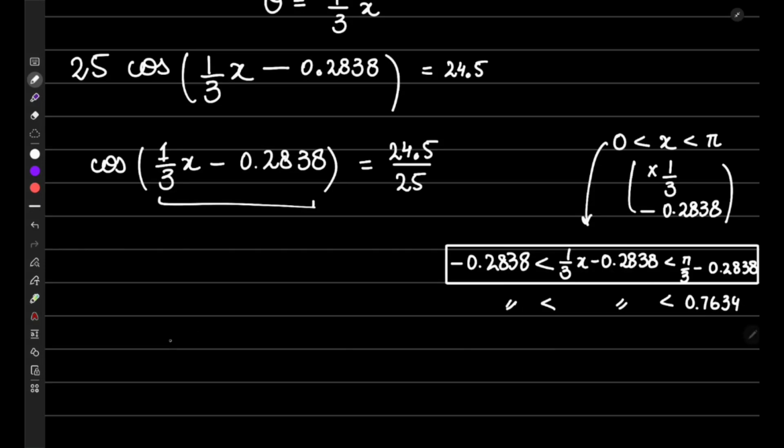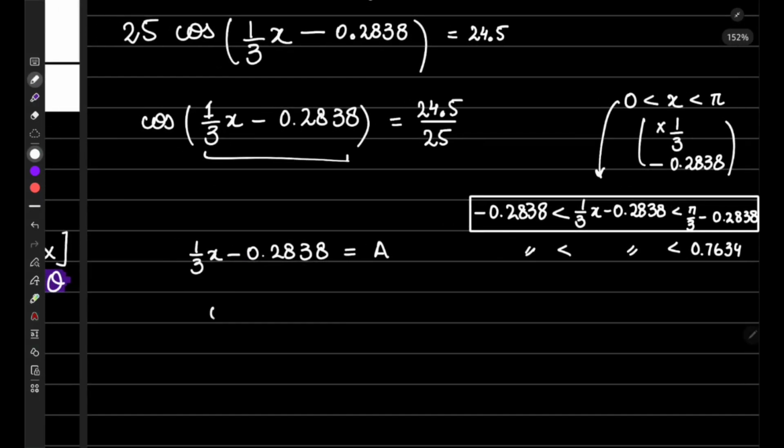Now you can replace 1 over 3x minus 0.2838 with A. So it now becomes cos A equals 24.5 over 25, where A is greater than minus 0.2838 and less than 0.7634.